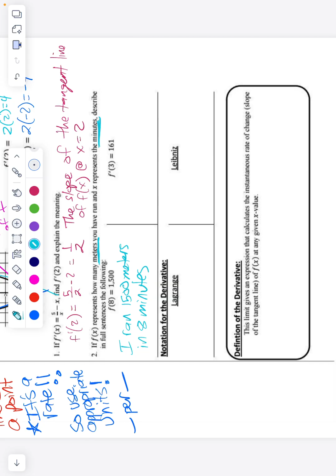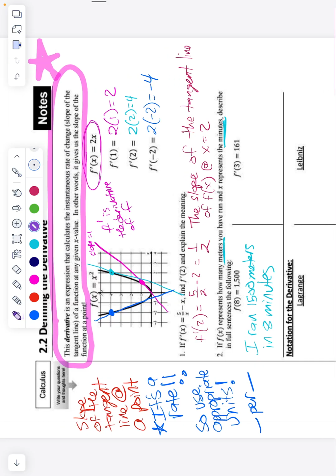All right. Who wants f prime of 3 equals 161? Trevor, give it a shot. The average rate of change. Nope. The derivative. Nope. Okay. First of all, derivatives. Go back up to the top.